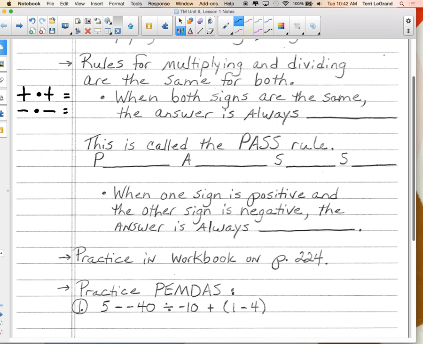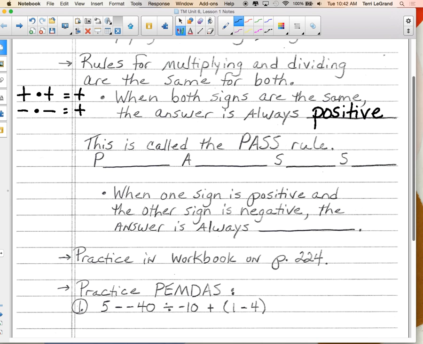Give an equal sign to each of those crazy statements we're making. So the answer will always be positive. The answer will always be positive when you're multiplying or dividing with two numbers of the same sign.